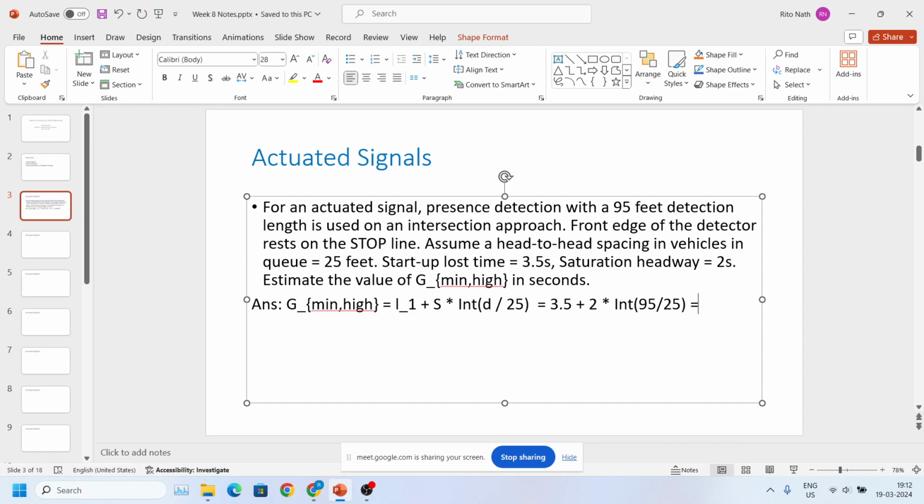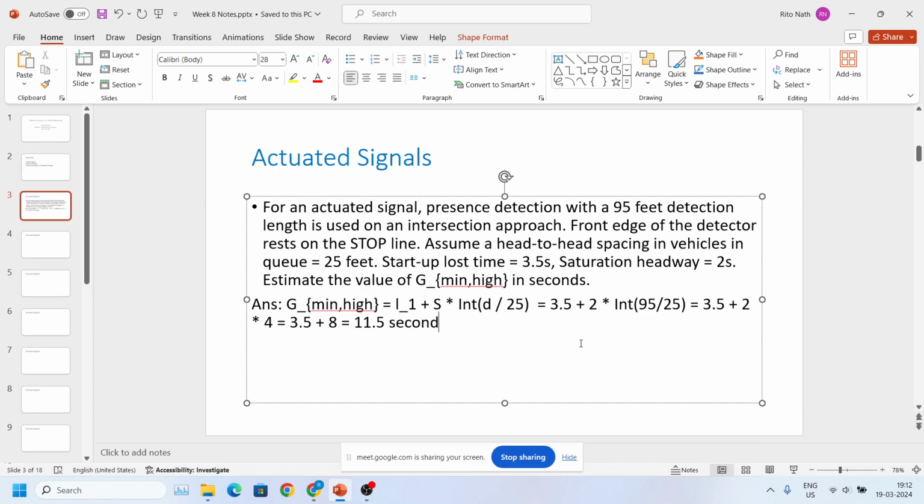That will give you the answer, and that's 3.5 plus 2 times, here it would be 5, sorry, it would be 4, because there will be 4 vehicles that need to be serviced. So it's 3.5 plus 2 times 4, that's 8, and then you have 11.5 seconds.